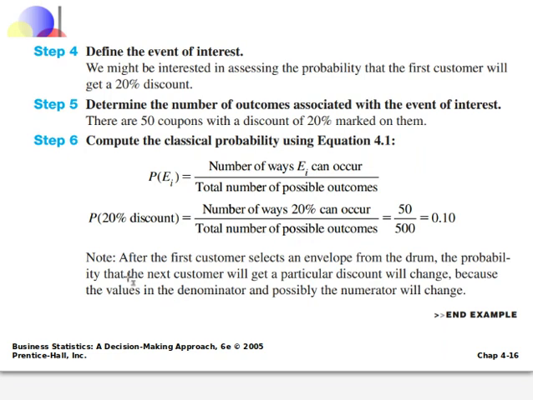Note, after the first customer selects an envelope from the drum, the probability that the next customer will get a particular discount will change because the values in the denominator and possibly the numerator will change.